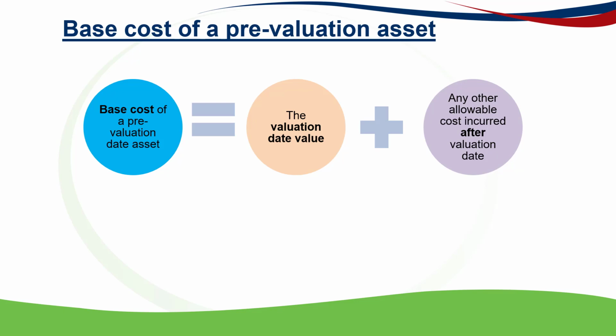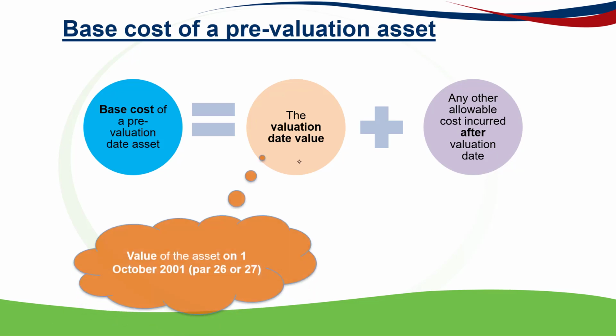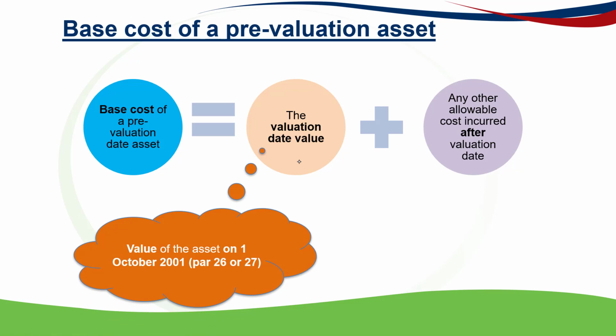The valuation date value, meaning this amount, is the value of the asset on the 1st of October that is determined by paragraph 26 or 27 of the 8th Schedule, depending on whether the taxpayer is in an historical gain position or a historical loss position. We will discuss what a historical gain position means as well as what a historical loss position means.